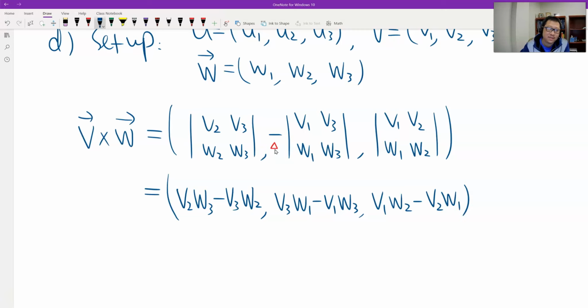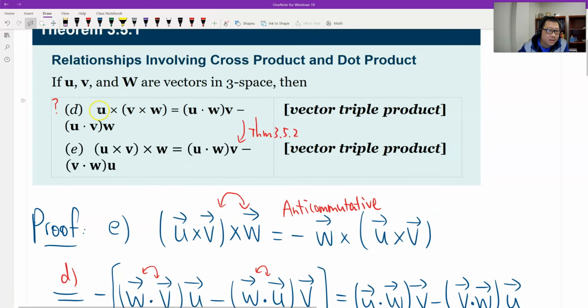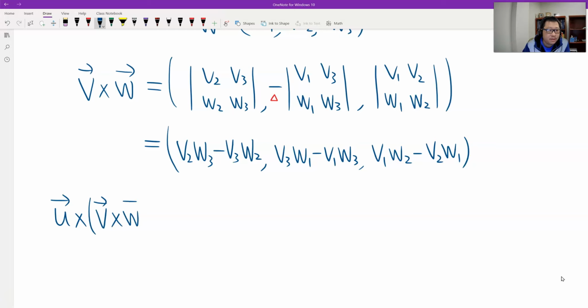Okay, so I get this by the definition of a 2 by 2 determinant. And then U cross, one more. A lot of calculation. You have to be patient. So U this time cross V cross W. See, we already found this.